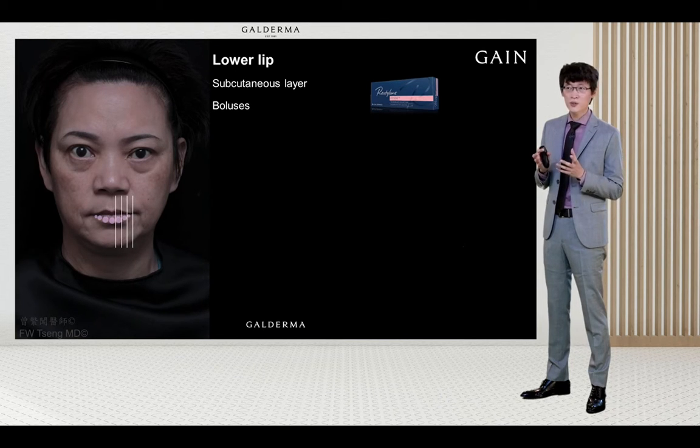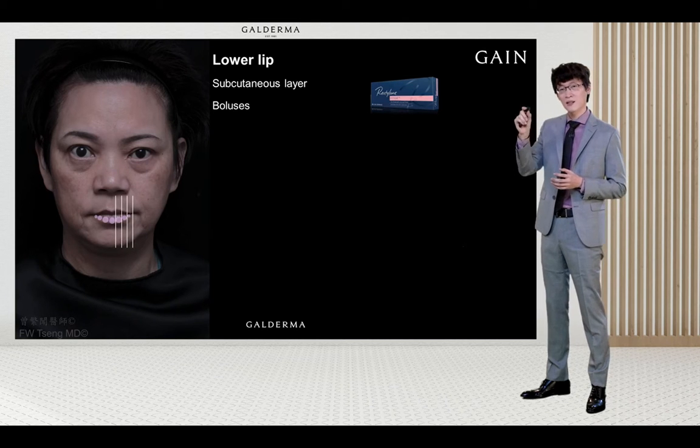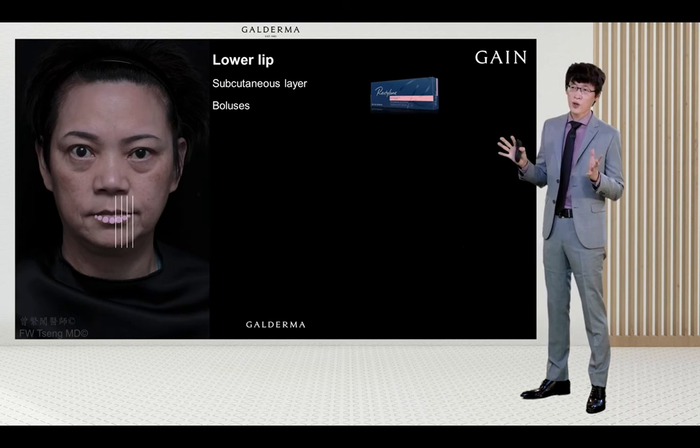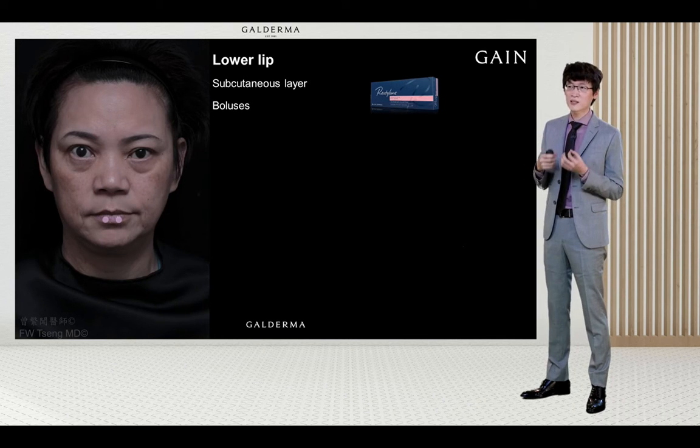So if I want to volumize the entire lower lip, you inject those boluses, more product medially, less product laterally. But if you don't want a generalized volumization, if you only want to create some curvature, then you skip those other points and inject only to the tubercles.